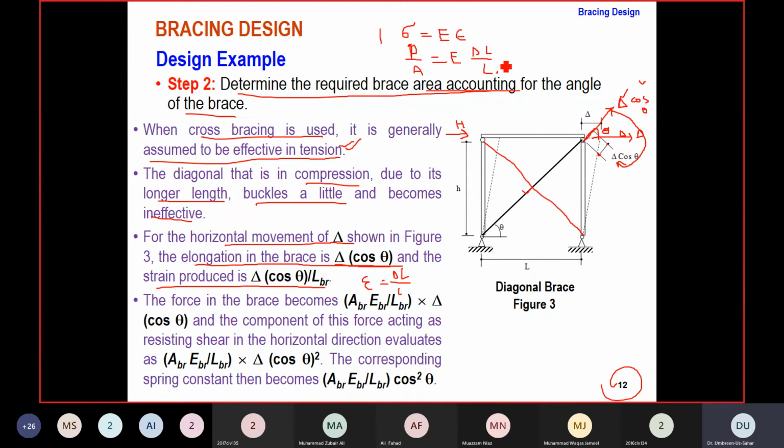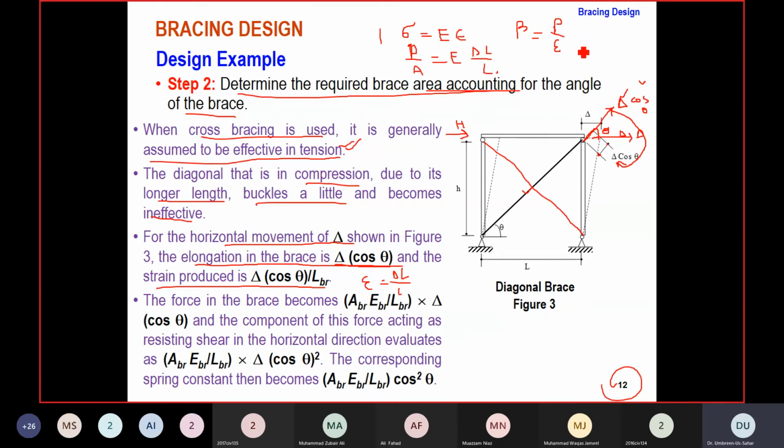And what is the definition of stiffness? Stiffness is the relationship between P and the deformation, delta. So if we want to calculate the stiffness, we need this formula.